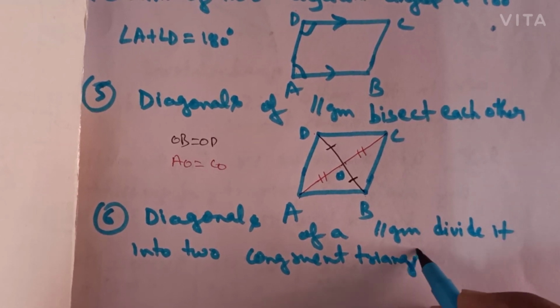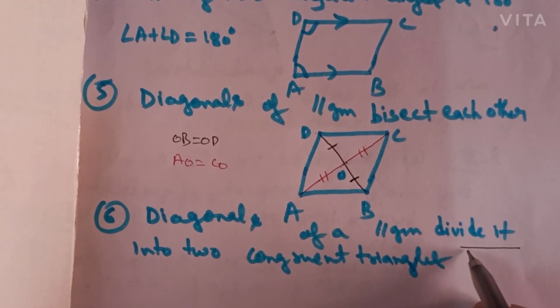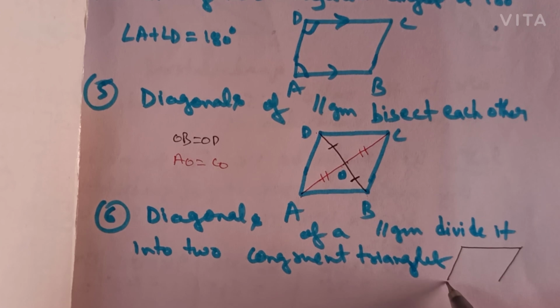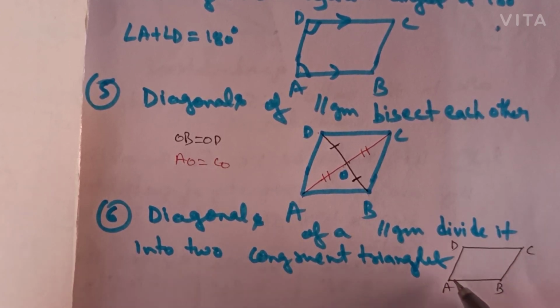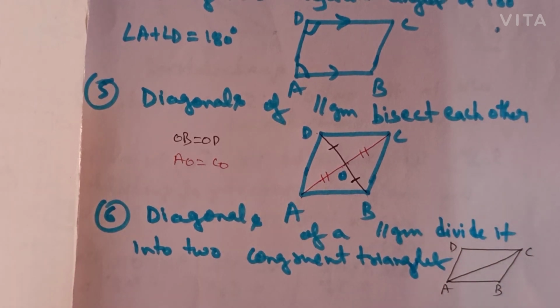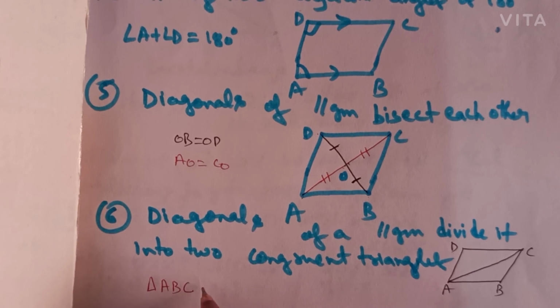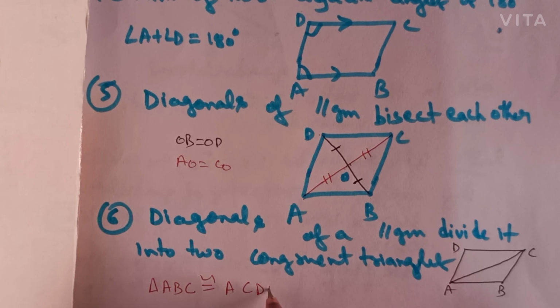Okay, that means if we are having a parallelogram A, B, C, D and we are drawing a diagonal AC, then in that case triangle ABC will be congruent with triangle CDA.